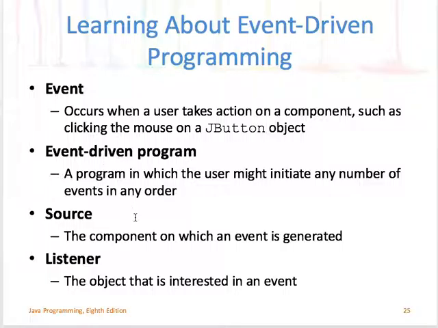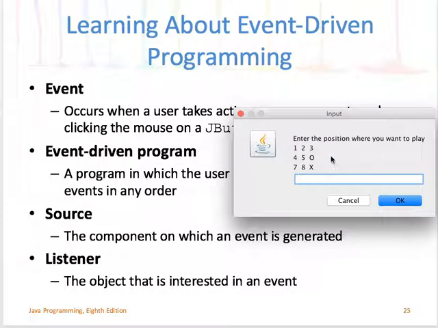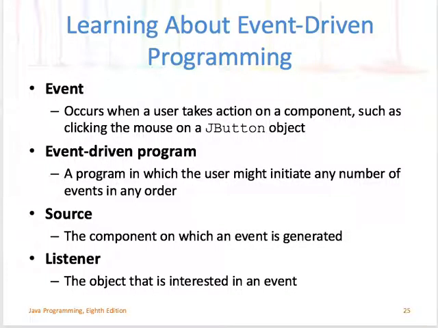An event-driven program is a program in which a user might initiate any number of events in any order. Same thing. That game is an event-driven program because I'm exercising some type of choice. I'm telling it where to go. So I put it next there. I'm going to say, you know what? I'm going to go with a 1 over here and try to trick them. All right. Hit OK.